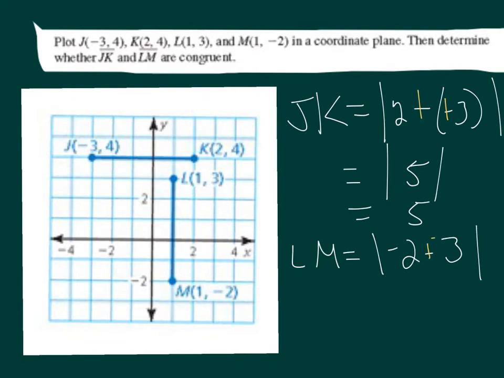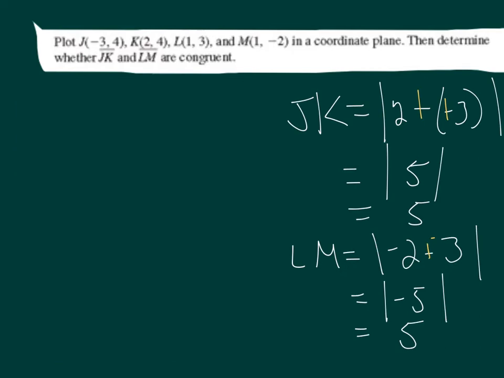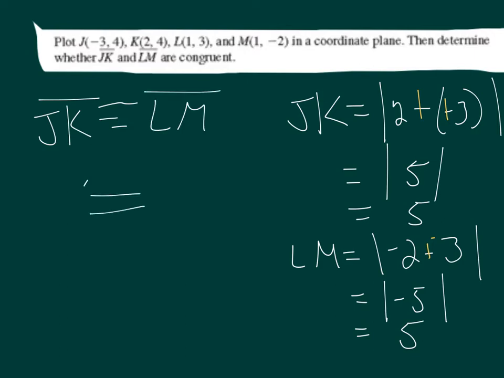Now when I have two negatives, all I have to do is add those together, and you get the absolute value of -5. And I know the absolute value of -5 is 5. So if you notice, I can say that JK is congruent to LM. It's a little squiggly line like that. So that's the symbol you want to use right there.